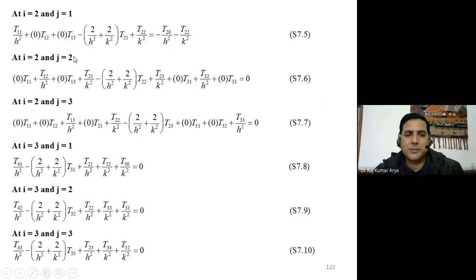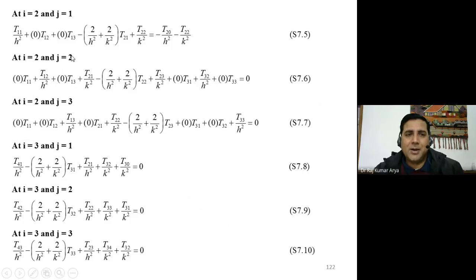So for I equal to 2, j equal to 1, if you write that, you will get this equation. Rearrange it in terms of known and unknown. All unknowns should be on the left hand side, known things on the right hand side. This term should not be there because this is unknown actually. This should move to this side. I wrote it in two places, here also, so this should not be there. Okay. Fine.